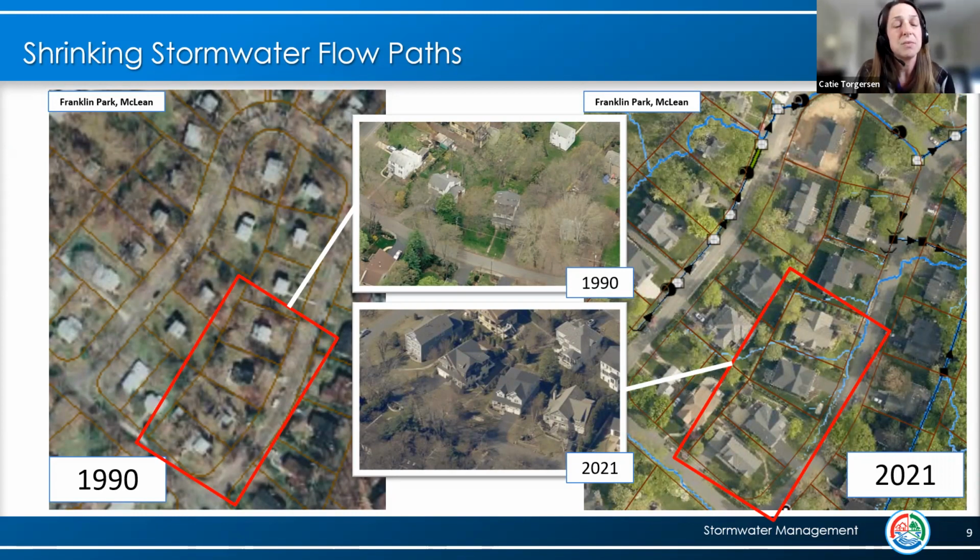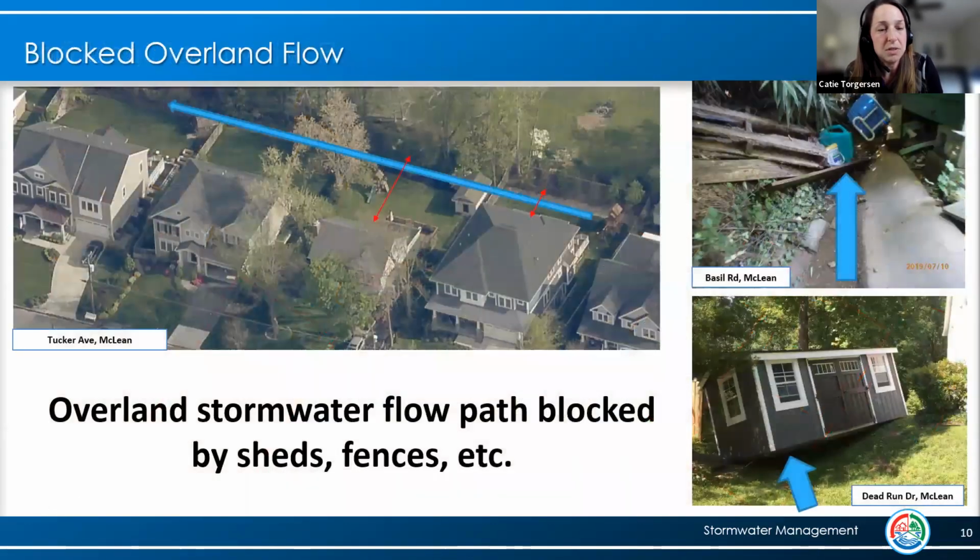There's lots of room and trees around the houses, lots of places for the water to flow through and infiltrate into the ground before it reaches a stream, which is just beyond the photo. And then in 2021, you can see that a lot of that space has been taken up by much larger homes. The trees have been removed, and there's not a lot of area for that water to flow in between the homes. And that can also lead to flooding issues.